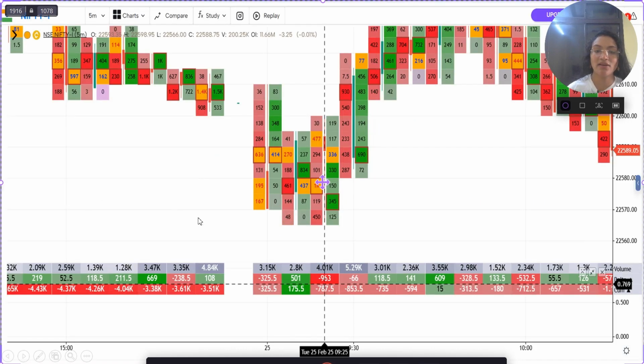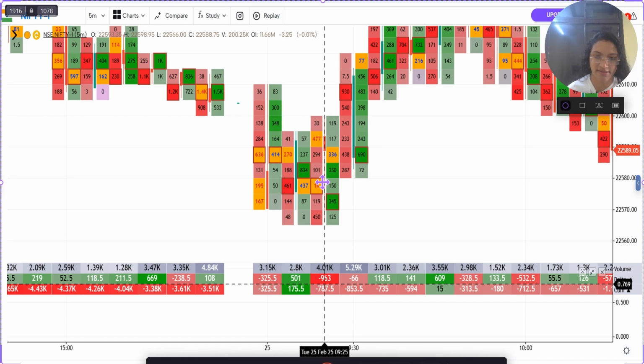A basic order flow looks like this. This is a candle, a normal candle, and this data tells you something. When you understand how to read this data, you will get powerful insights on the trades, whether the trade is going to work out, the probability of the trade working out in your way or not.